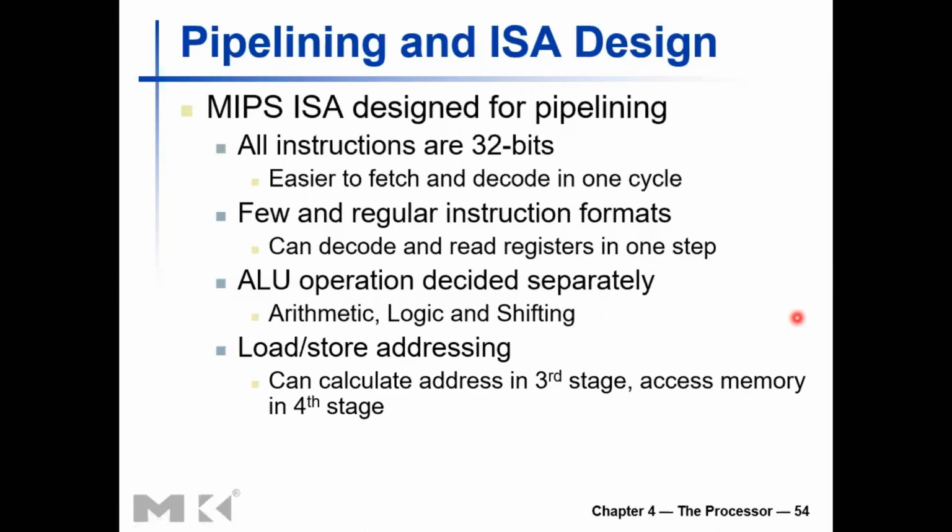Then load store addressing, the way that we have used the addressing modes like register and offset added together, right? So we have expanded the address range by having one value in the register and coming up with an offset and adding it to the value, right?